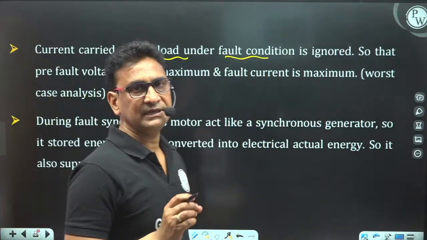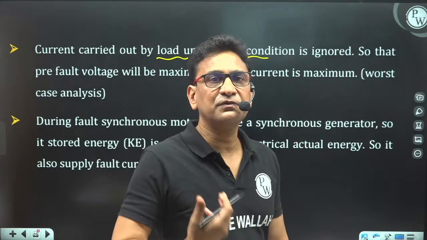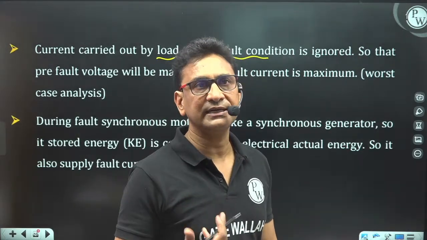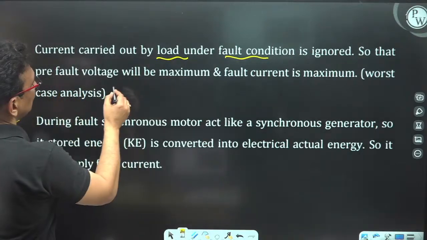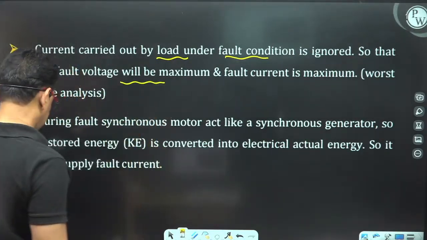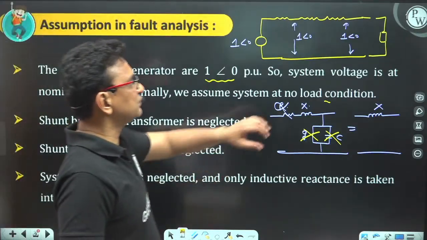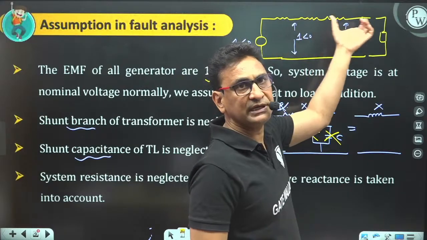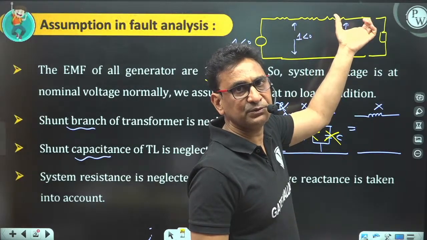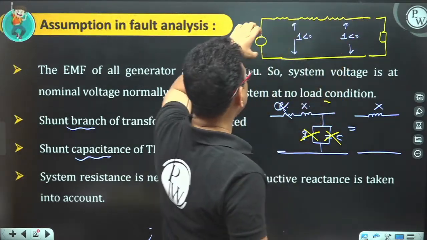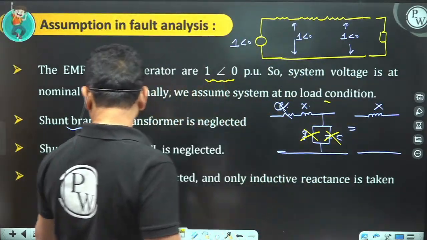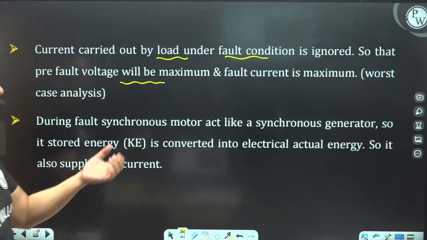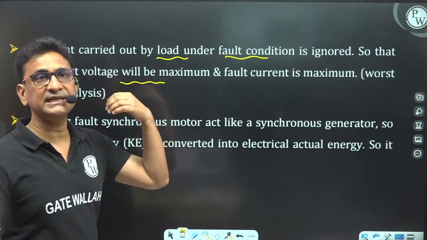That means we assume before occurrence of the fault, no load was connected to the power system, so that the pre-fault voltage will be maximum. If no current is flowing here, that means no voltage drop is taking place in the transmission line. So everywhere the voltage will remain the same, and whenever you find the fault current, it will give you the maximum value.